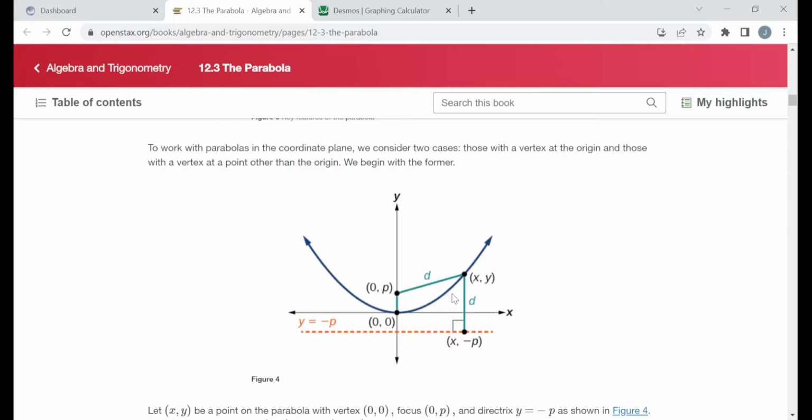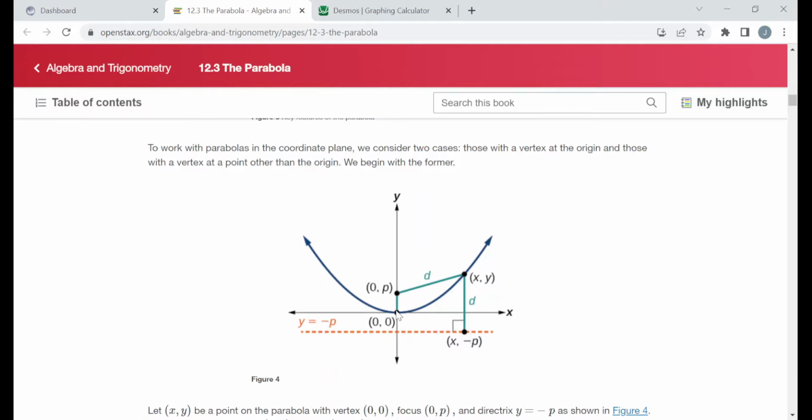They're both called d here for distance. This works for any point on a parabola: its distance to the focus is the same as its distance to the directrix. That's why we're finding the focus and directrix.